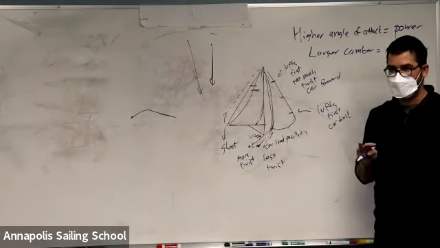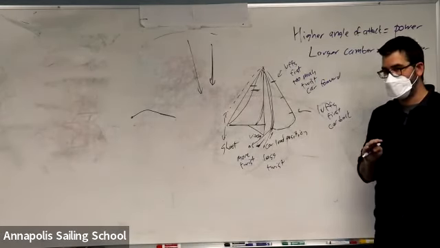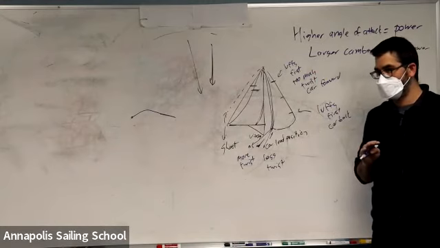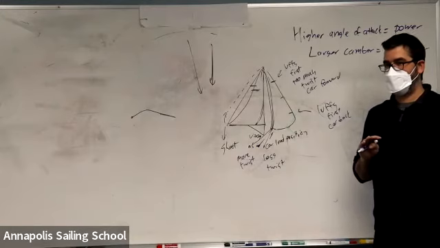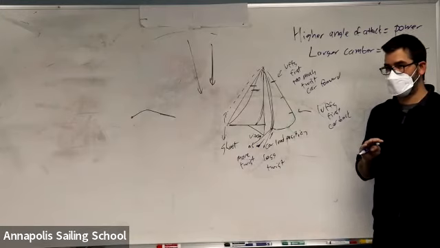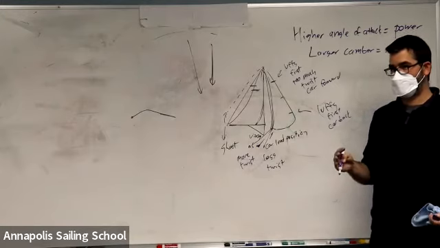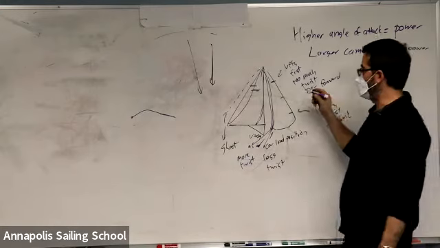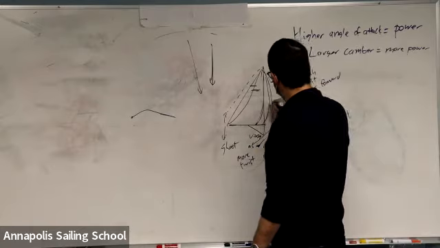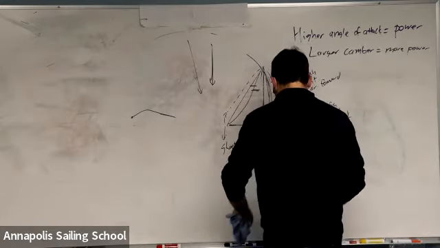Twist on the main is basically sheet tension. Some of the boats have travelers, but our sail controls are not super complex, because there's a lot that goes on in a boat. One thing that happens also that's important is the mast bends.